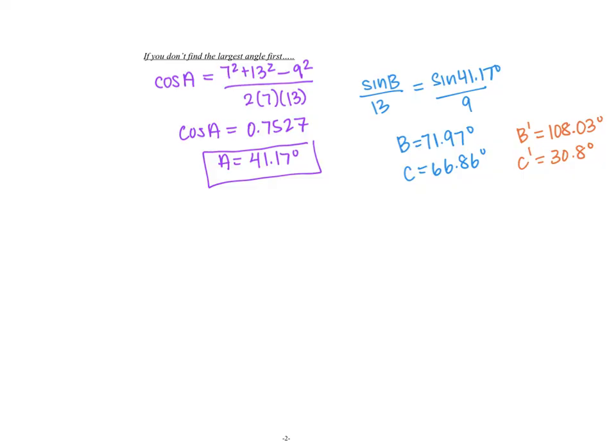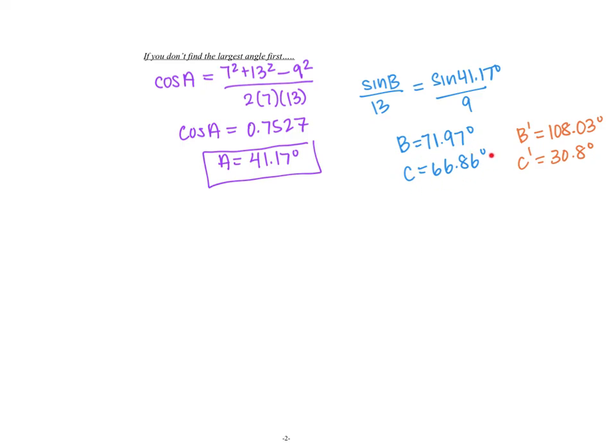Okay, but the way you want to check if your work is correct is you want to make sure that the largest angle is opposite the largest side, the medium angle is across from the medium side, and so on. So let's start with the first scenario here. If I have this for A, this for B, and this for C, B is the largest angle. The largest side is 13 across from it, so that seems reasonable to me.